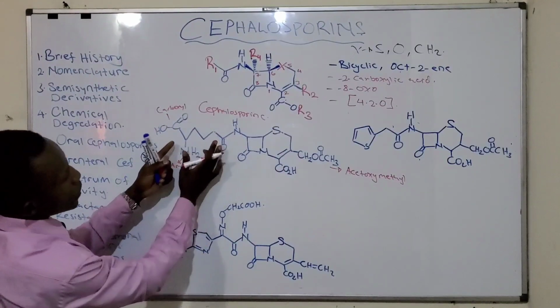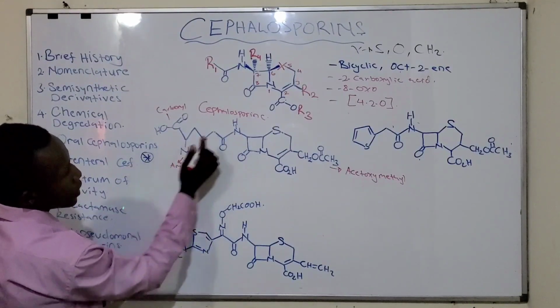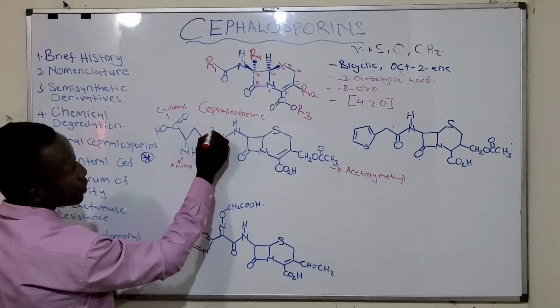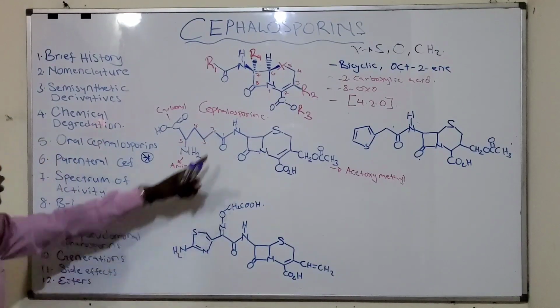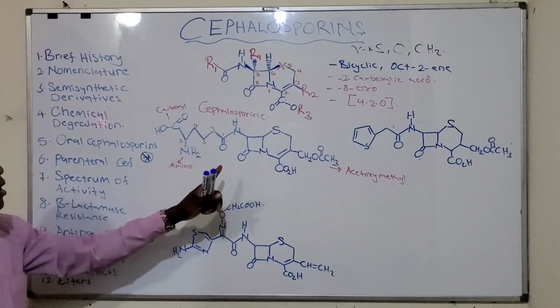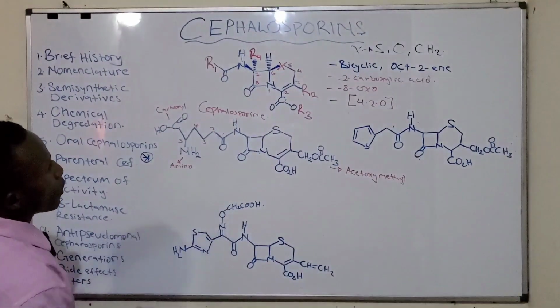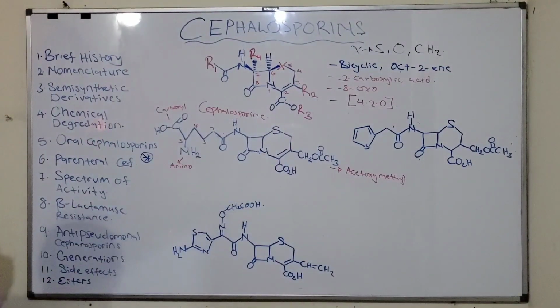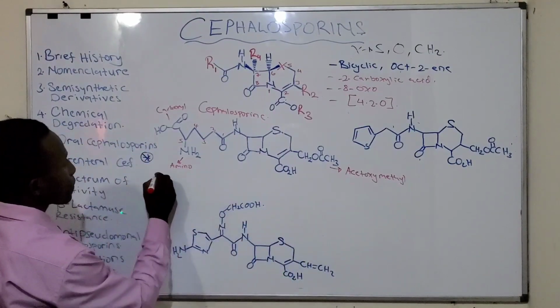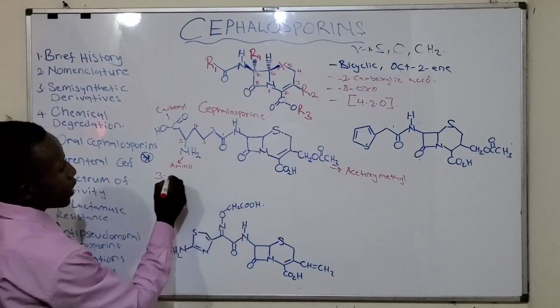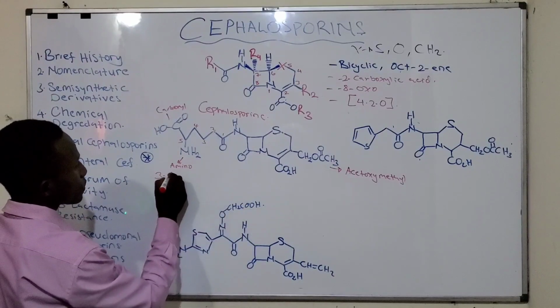Now, this side chain is 1 carbon, 2, 3, 4, 5, so it's a pentane. Now we can name the structure. Alphabetically, we are going to start with this one. So it will be 3-acetoxymethyl.